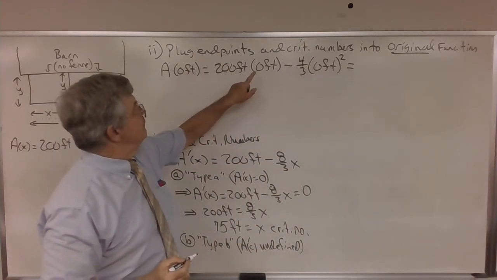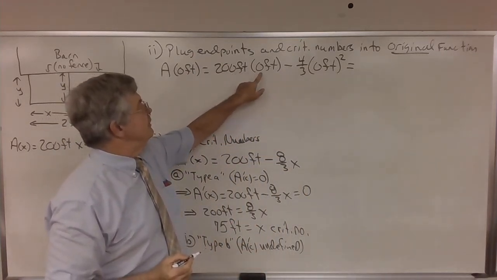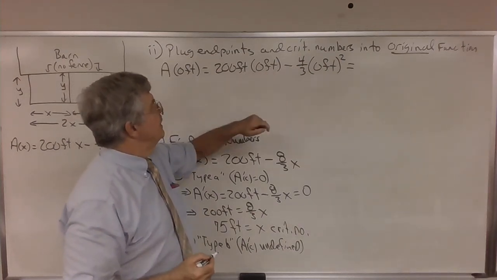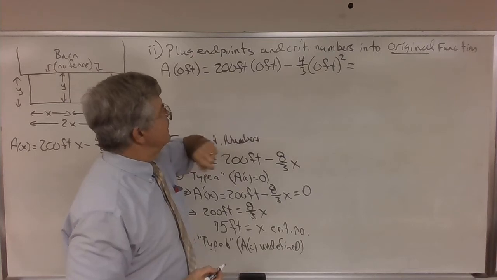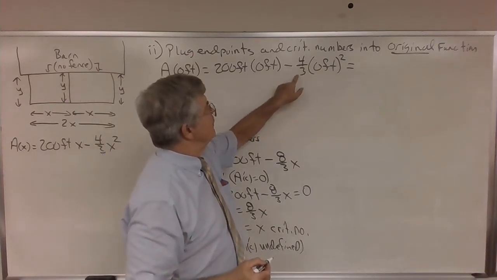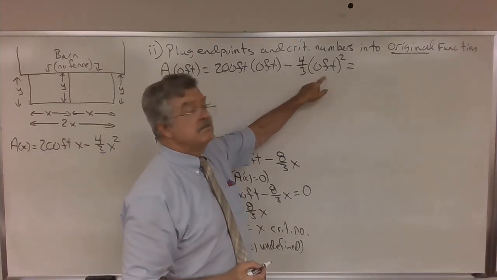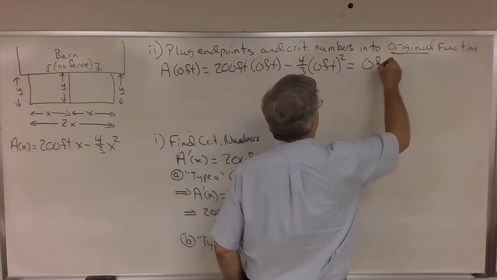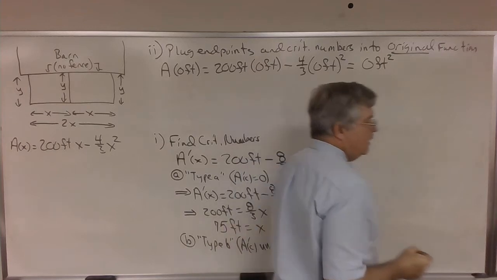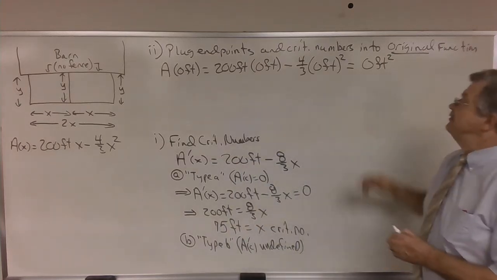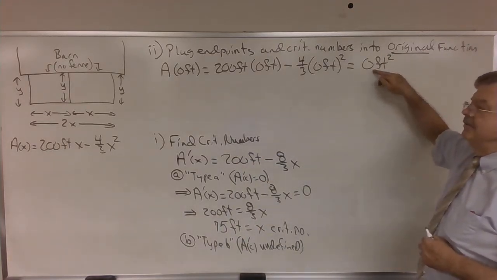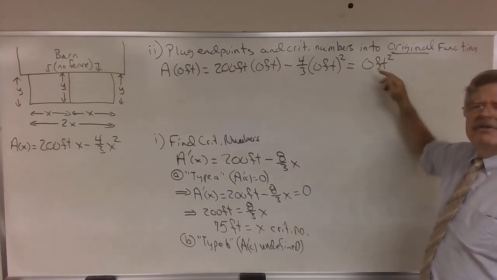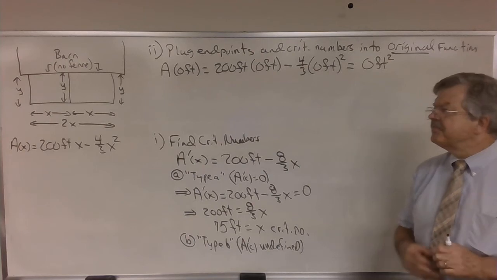Well, I have 200 times 0 is 0. Feet times feet is feet squared. So this is 0 feet squared minus 4/3 times 0 feet squared, which is 0 feet squared. This is the area that we enclose when we let x equal 0. But we knew it was going to turn out that way, didn't we?